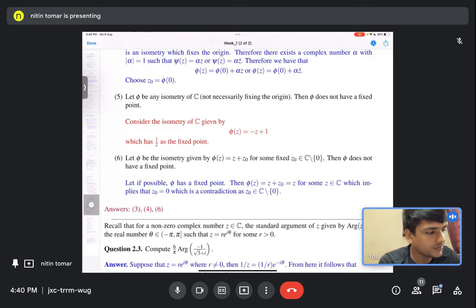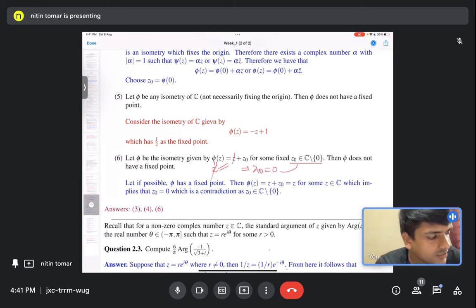Now the last option: if you have an isometry of the form z plus z naught, where z naught is not 0, then it does not have a fixed point. It is true, right? Because if phi z is z for some z, then the z's will cancel out, and it will imply z naught equals 0.